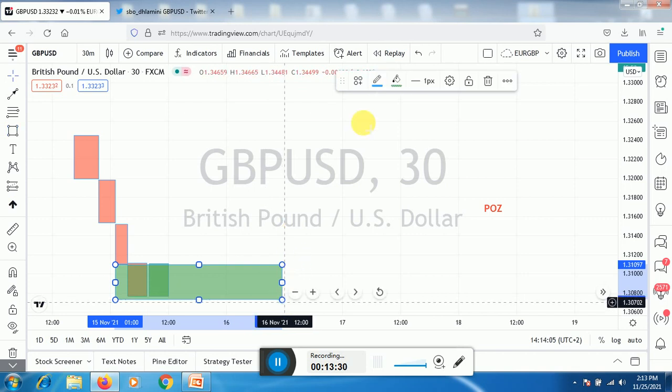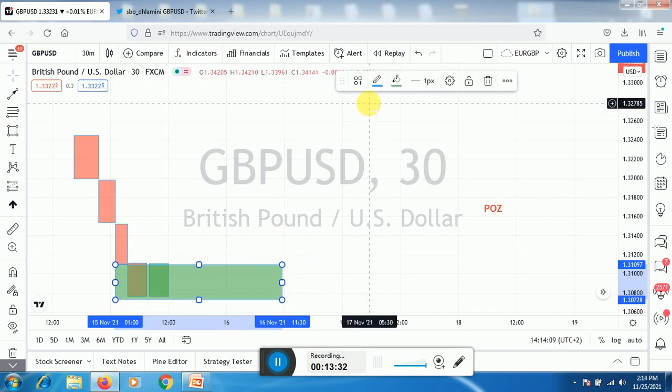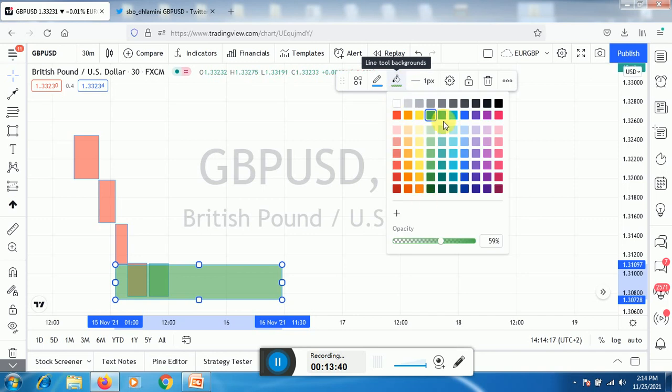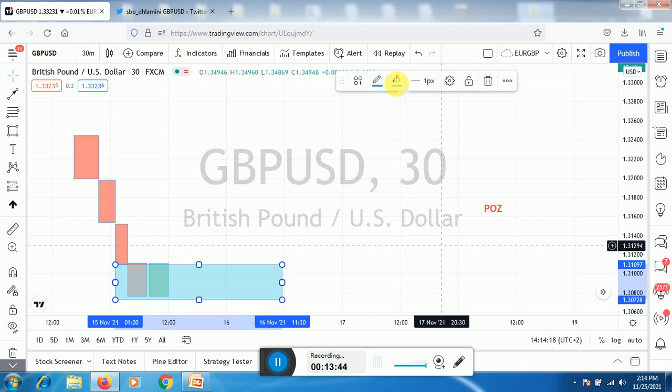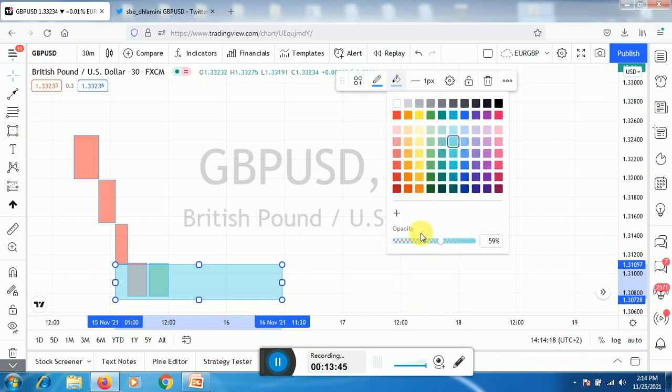Even the wick, the highest point the market went, we create that pause zone. Our pause zone, we said it's blue, and then we make it lighter. Yes, there is our pause zone.